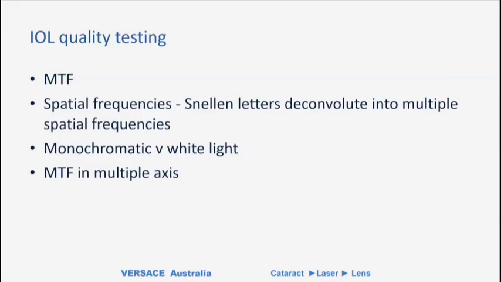So that in optical quality testing, ideally the MTF is done in multiple planes and in monochromatic, but also white light to allow us to get a better idea of how a lens will perform in the clinical world.